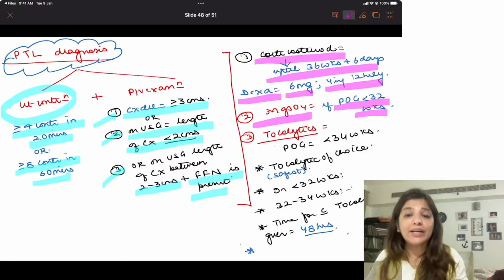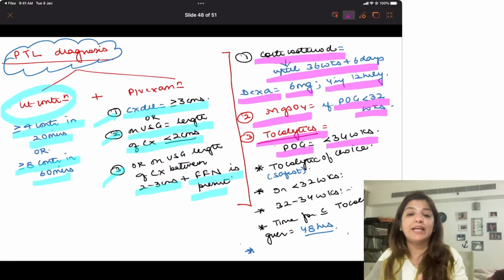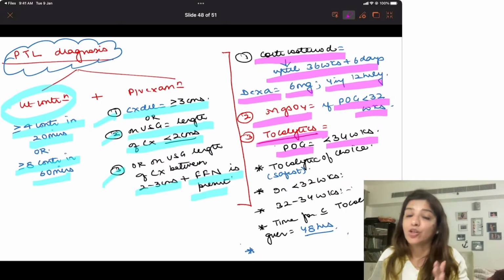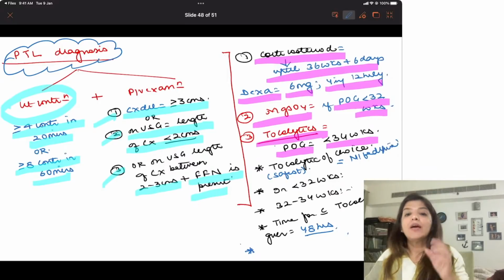Tocolytics. Tocolytics are used in all preterm labors when preterm labor is happening at less than 34 weeks. The tocolytic of choice in India is nifedipine. That is the safest tocolytic. But sometimes they ask you which is the tocolytic of choice at less than 32 weeks.